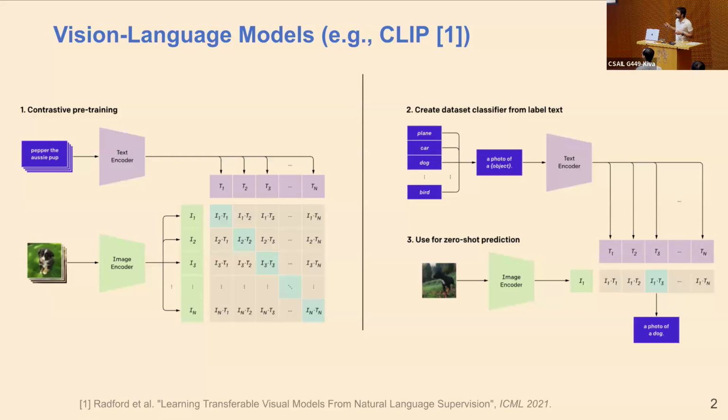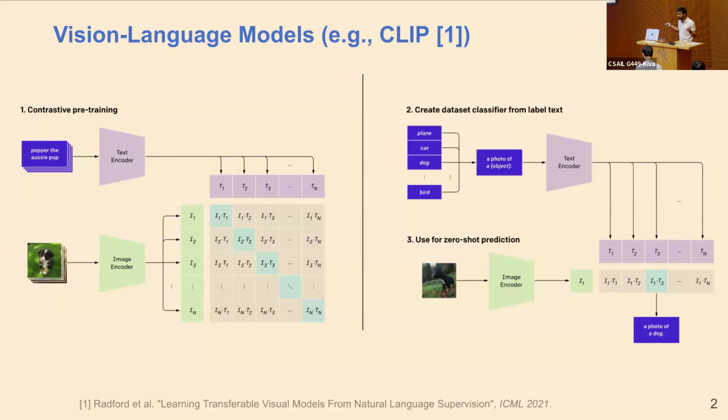We could just embed the entire vocabulary space through the text encoder, get our embeddings, and then get the embeddings for a query image. Now the task is super simple. We just need to find the closest embedding to our text embedding, through simple cosine similarity, and we say, okay, this is the class.